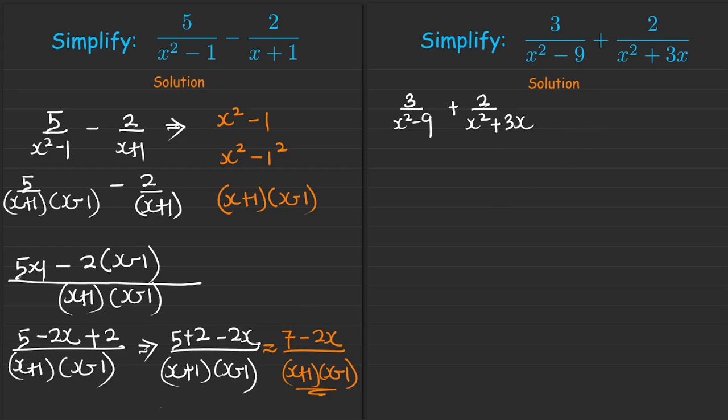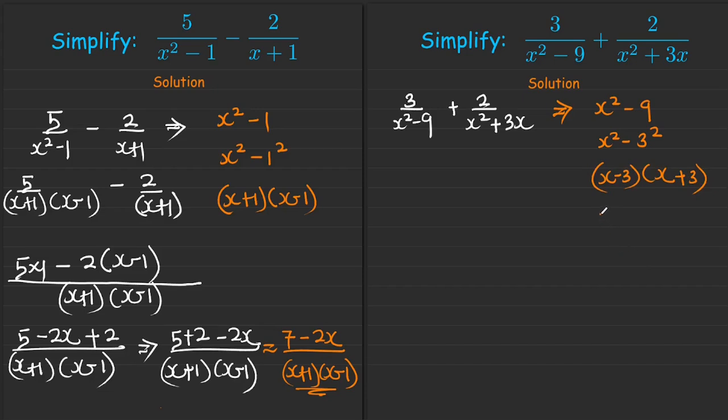As you may have realized, the denominator we have here should apply difference of two squares. And then this will then apply the common factor. So for x squared minus 9, we are going to rewrite it as x squared minus 3 squared, which will then be factorized as x minus 3 and then x plus 3.